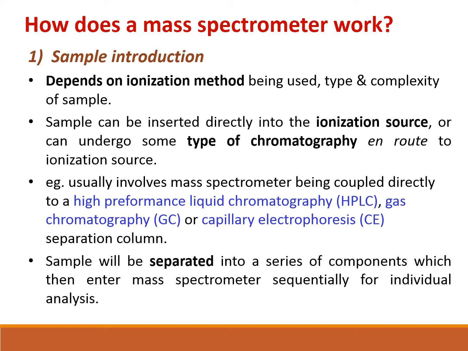First, we will talk about sample introduction. It depends on the ionization method being chosen and used, which we will discuss later, the type of sample, and sample complexity. So the sample can be inserted directly into the ionization source or can undergo some type of chromatography en route to the ionization source.